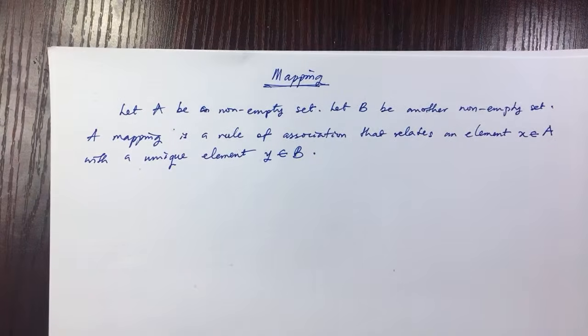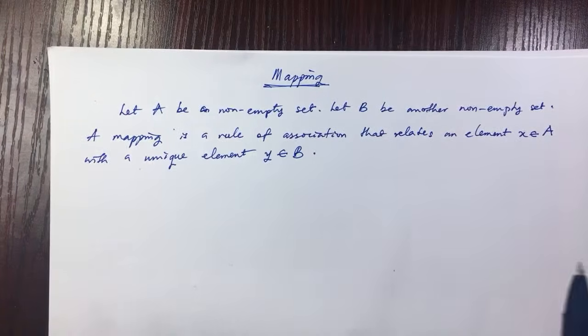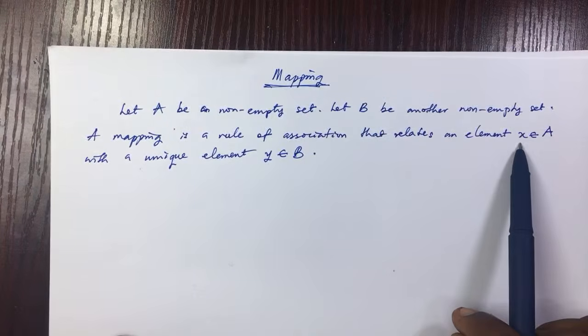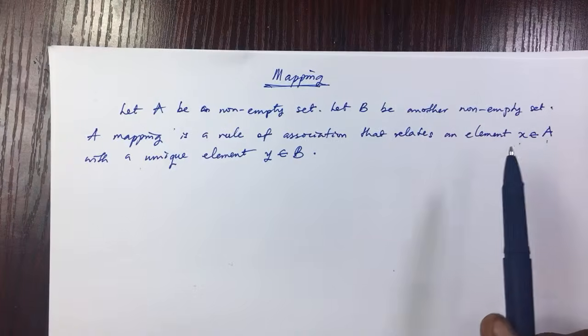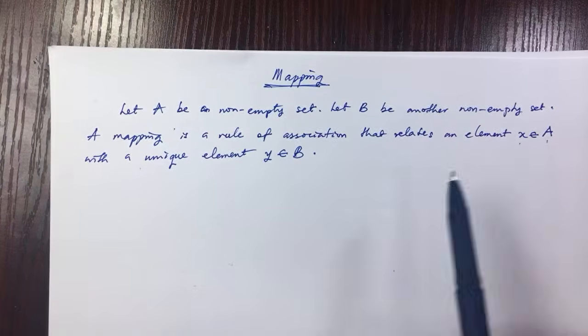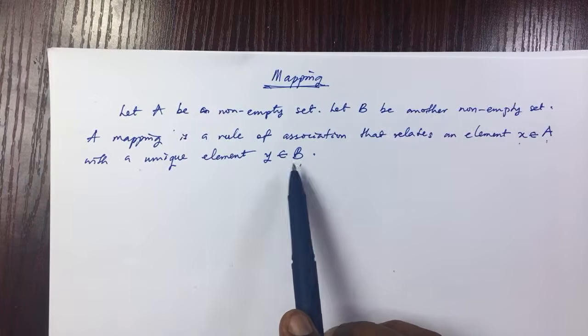So if there is a rule that associates a randomly selected element, say small letter X in the non-empty set A, with a unique element Y in the set B, then that rule of association is called a mapping.